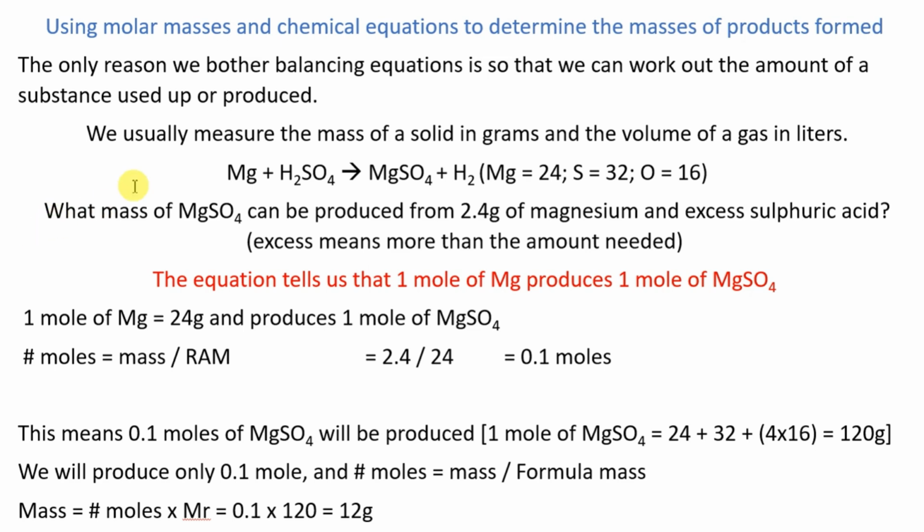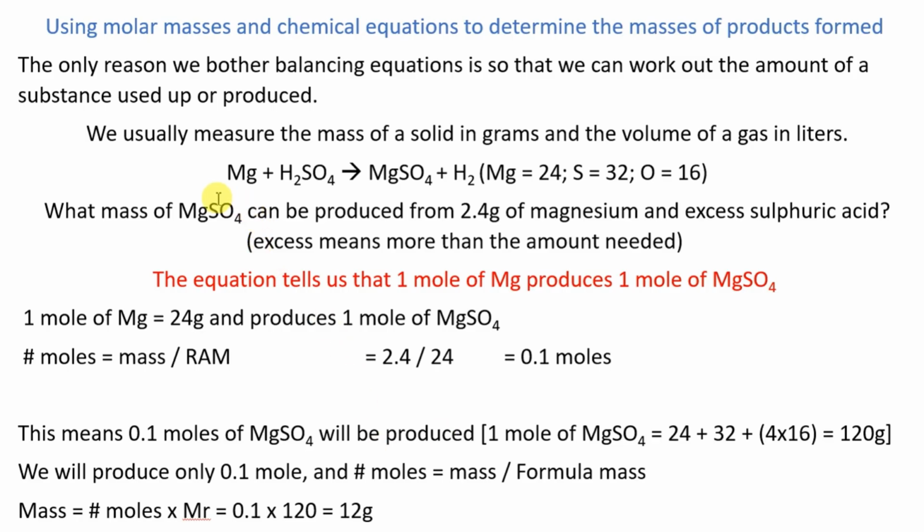There's enough there. The equation tells us that 1 mole of Mg produces 1 mole of MgSO4. And 1 mole of Mg is 24 grams. Therefore, it would produce 1 mole of MgSO4. How many moles do I have? I have a mass of 2.4 grams in the question, divided by 24, 0.1 moles. That means 0.1 moles of MgSO4 will be produced.